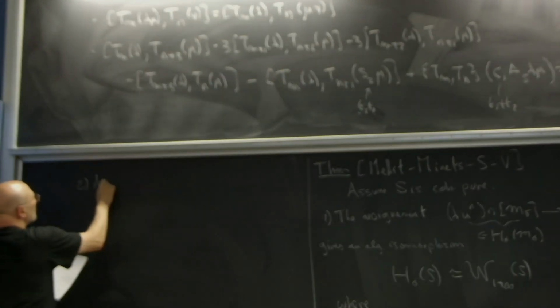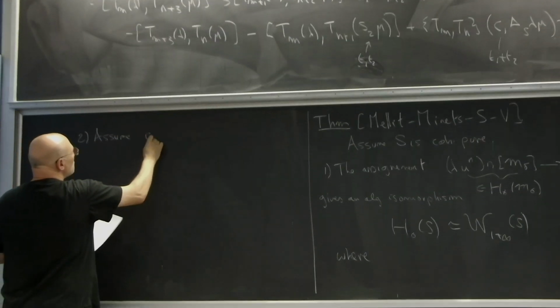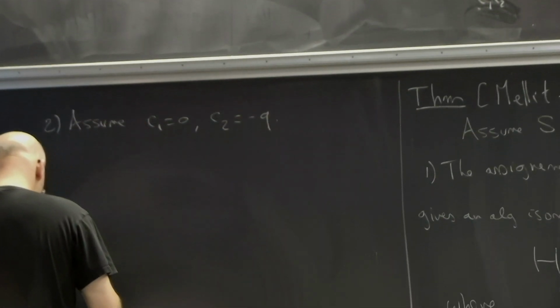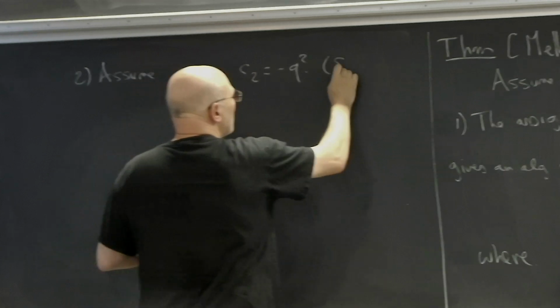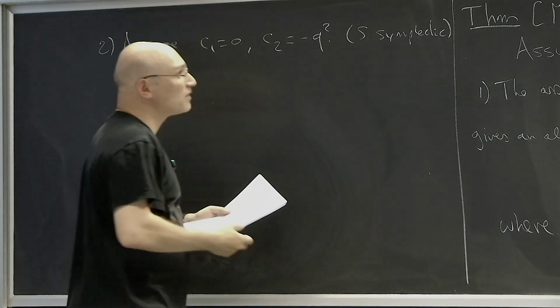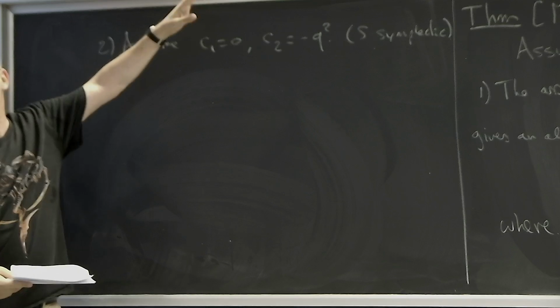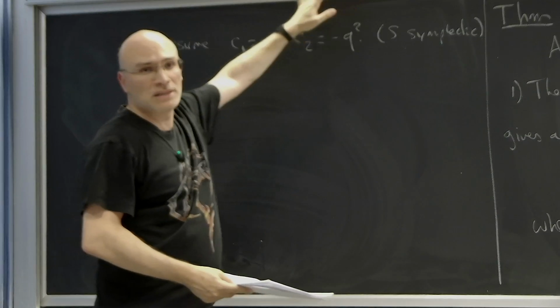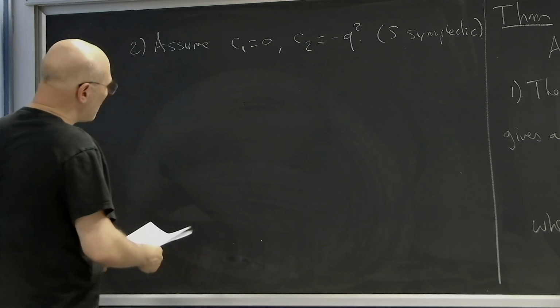So assume c1 equals 0, c2 is minus q squared, so S symplectic. You can define these algebras for any Frobenius algebra. You replace the cohomology of the surface with the Frobenius algebra, and you can run the same construction.